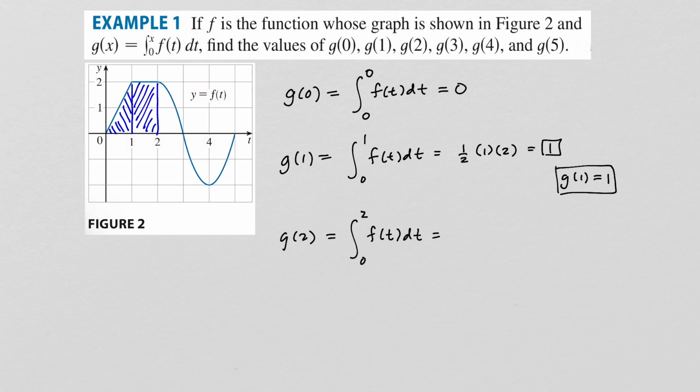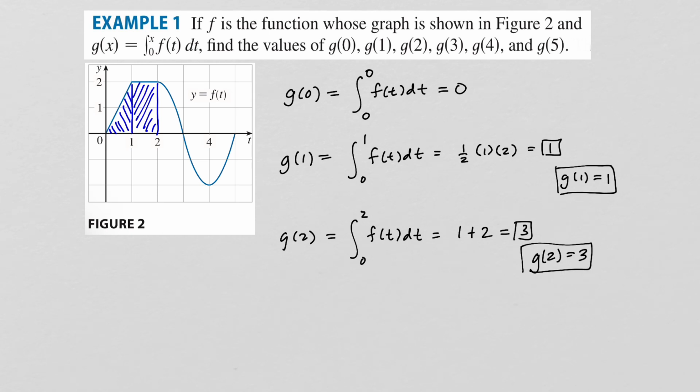Well, we already know this area is the area of the triangle, which we just found to be 1. So all we have to do is add the area of the rectangle here, which is clearly 2 units. You can actually see 2 whole square units there. So the total area under the curve from 0 to 2 is 1 plus 2, which is equal to 3. So we now know that g of 2 is equal to 3.